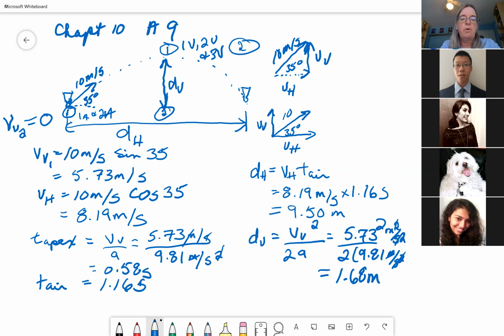Let's say this person only caught it just before the ground. So down here, it went another meter down. So the distance down would actually be 2.68 meters.